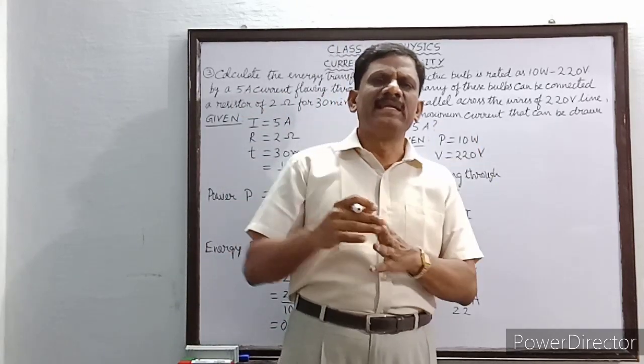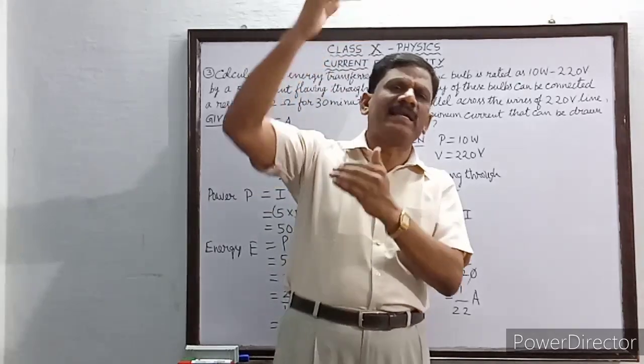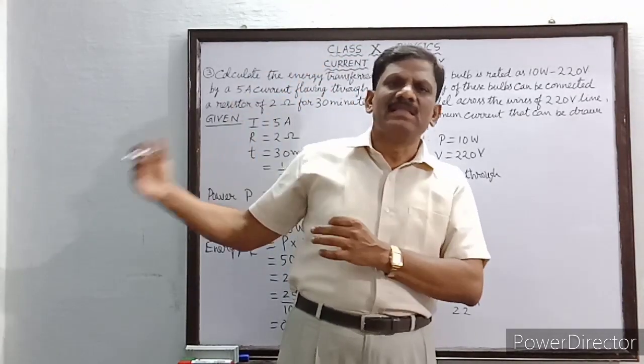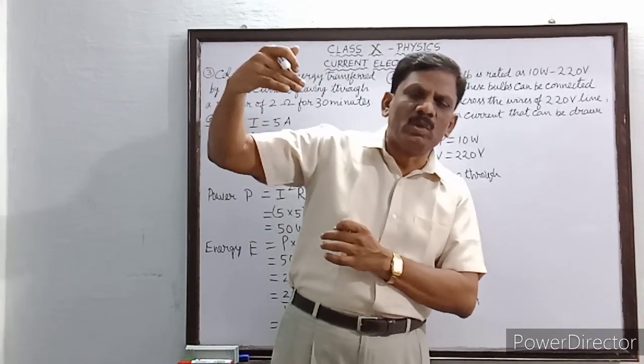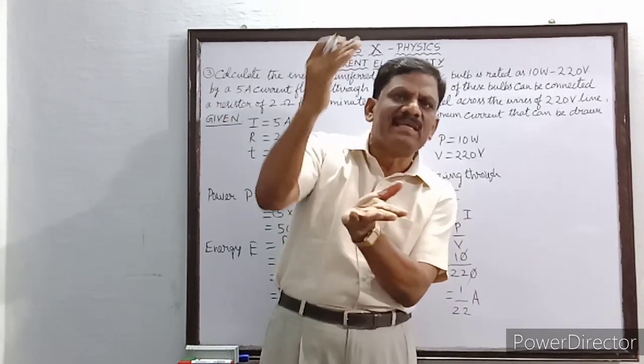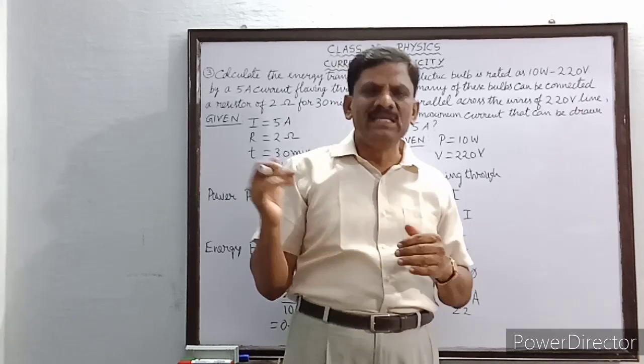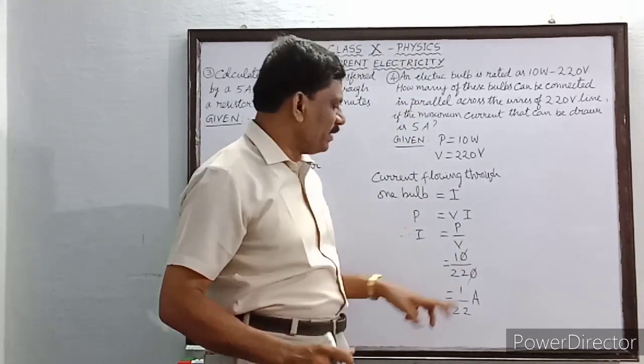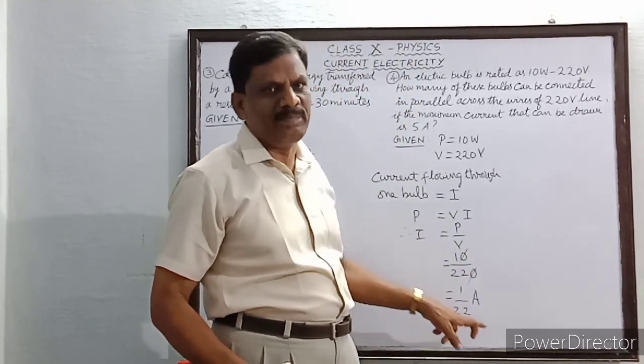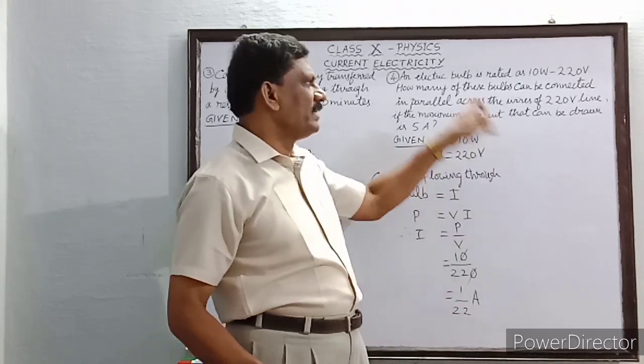So you see that in a parallel circuit, if bulbs are connected in parallel, the 5 ampere current supplied by the 220 volt line is distributing itself into several branches. Is it not? So in each branch, how much current is permitted is 1 by 22 ampere. So what is the number of bulbs?